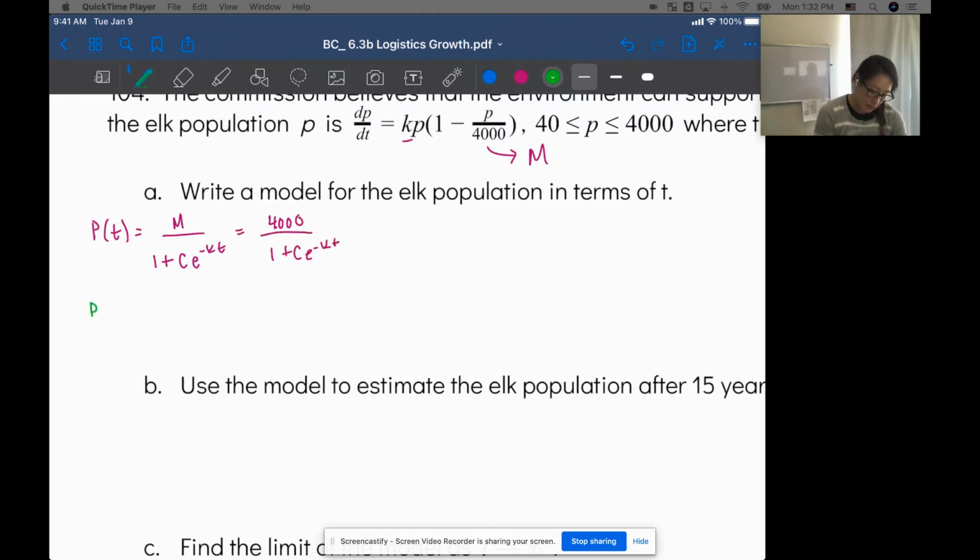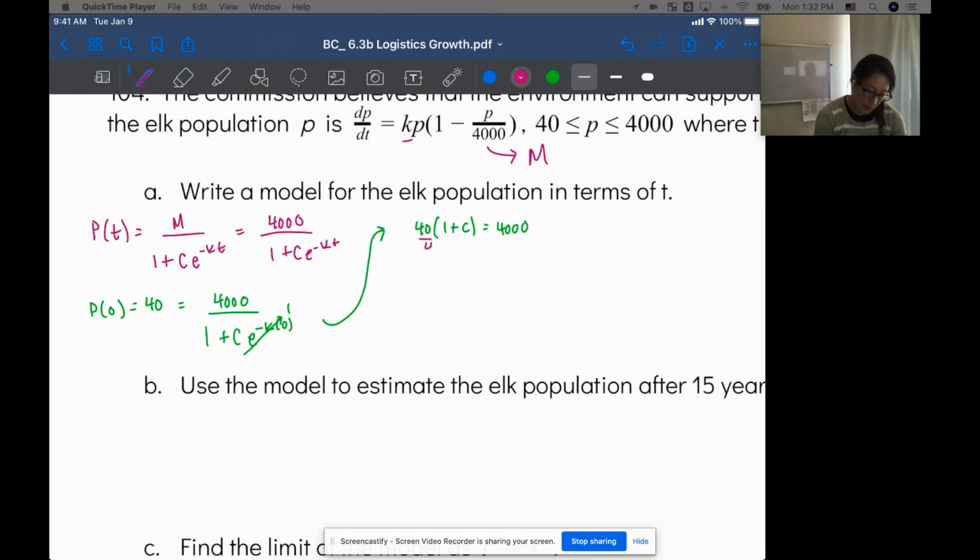Then I know P of 0 is equal to 40 elk. So I'm going to do that so I can solve for C. I get 40 equals 4,000 over 1 plus C e to the negative k times 0, and anything to the 0 power is 1. So now I have 40 times 1 plus C is equal to 4,000.